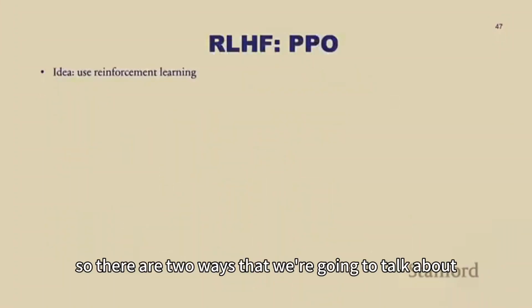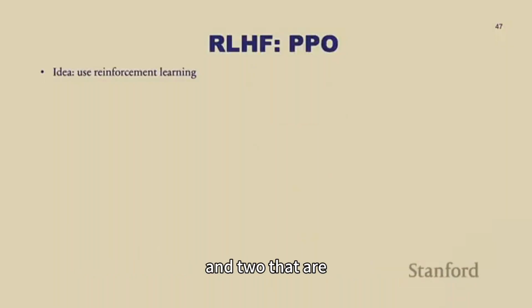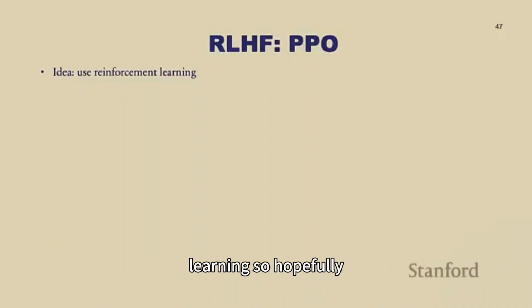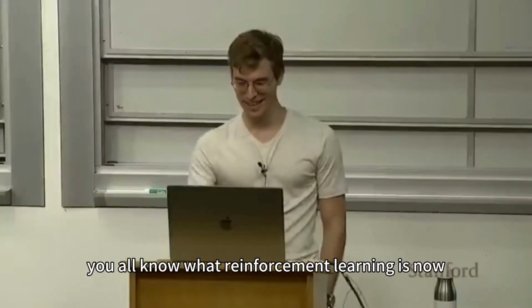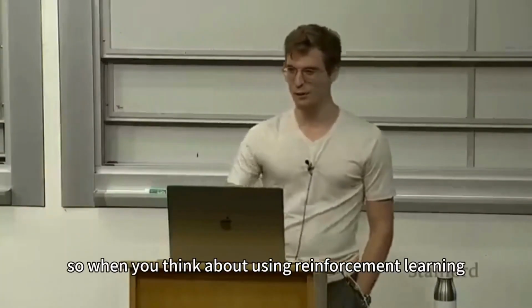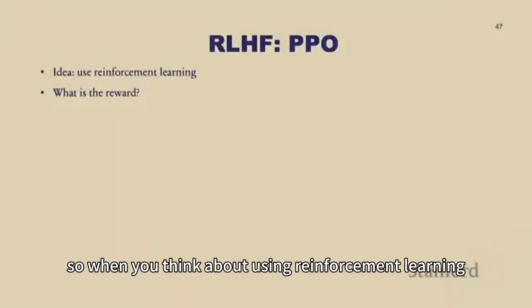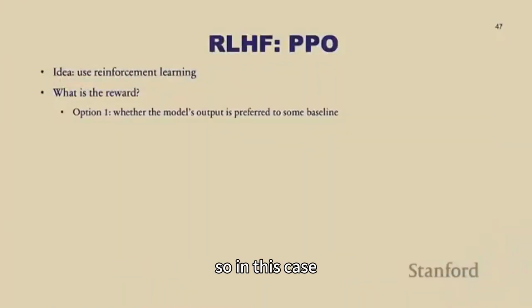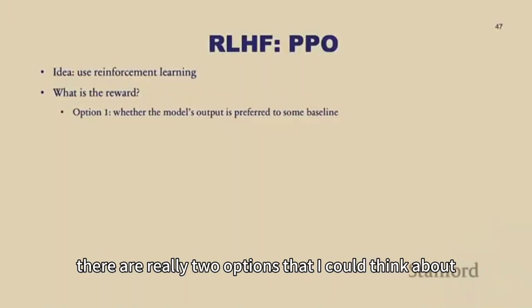There are two ways that we're going to talk about, and two that are mainly used in the community. The first one is simply the idea of using reinforcement learning. Hopefully you all know what reinforcement learning is now. When you think about using reinforcement learning, one important question is, what is the reward that we're optimizing? In this case, there are really two options.